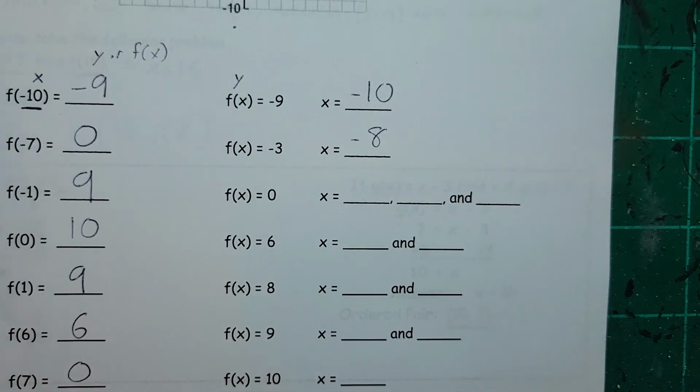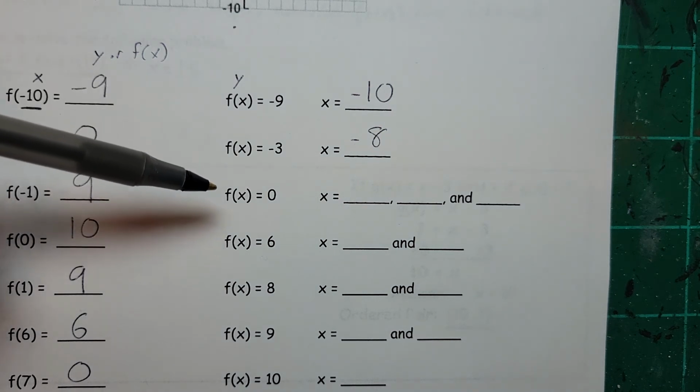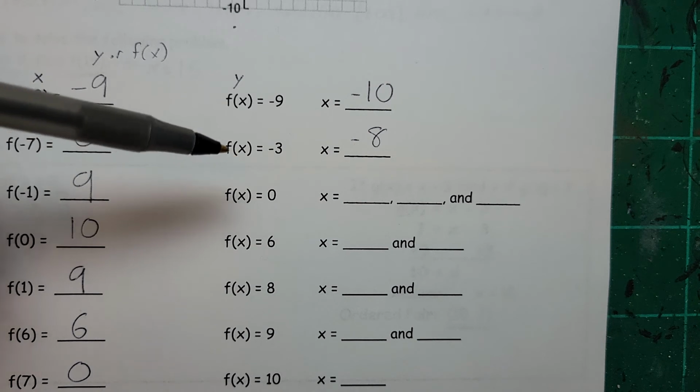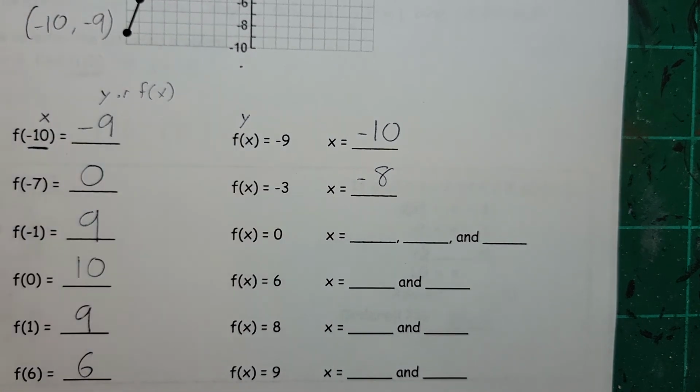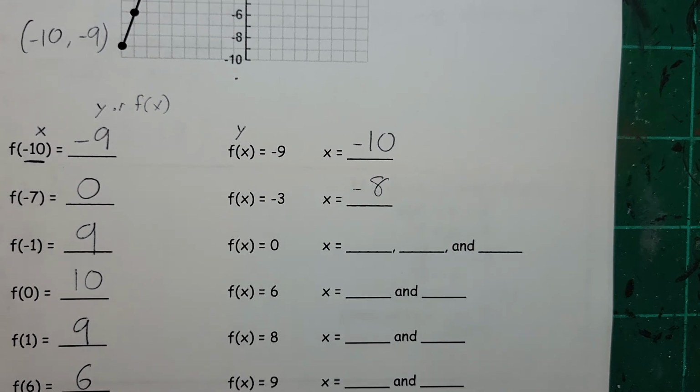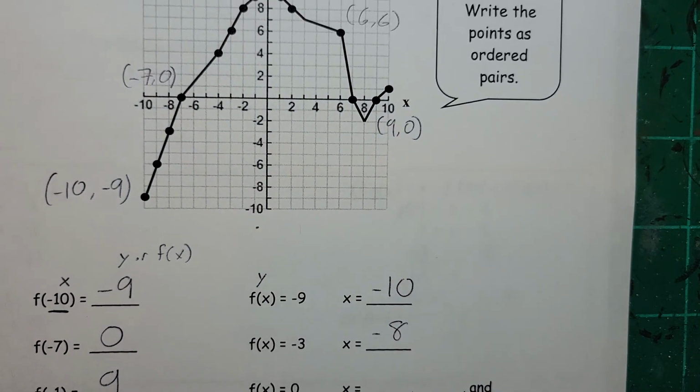Now this one's a little tricky, but it's actually not that hard once you realize the trick. So when our y value is 0, we can find our x value. And they gave us 3 blanks, so there must be 3 points when y equals 0.